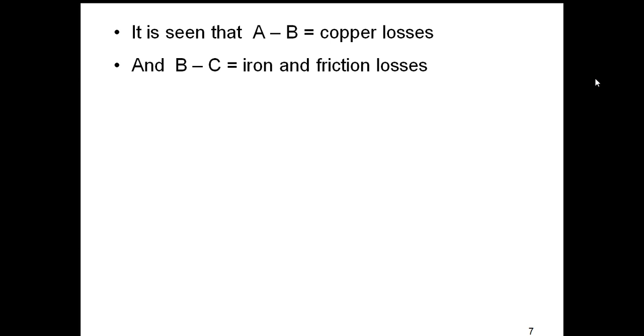And to get iron and friction losses, we have to subtract C from B. That is B minus C is the iron and friction losses.